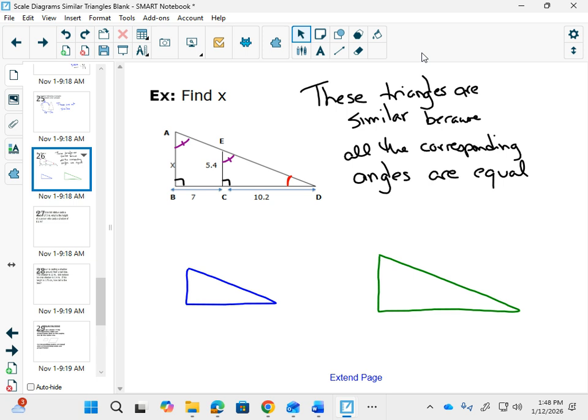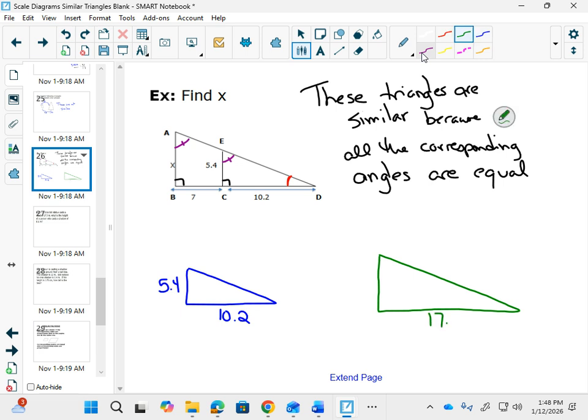Okay. On the little one, do I know how long this is? 10.2. On the little one, do I know how tall it is? Nope. 5.4. On the little one, did it tell me how long this was? No. On the big one, did it tell me how long the bottom is? 17.2.